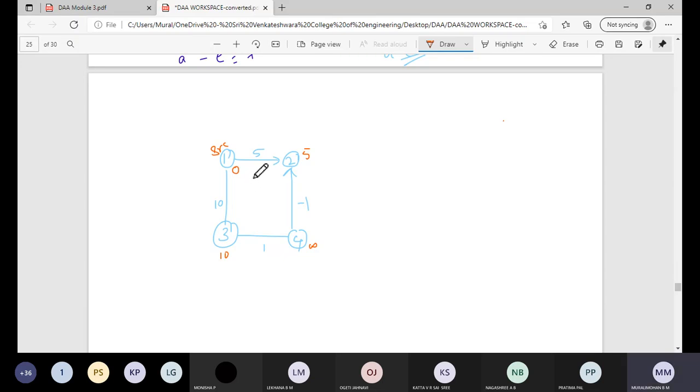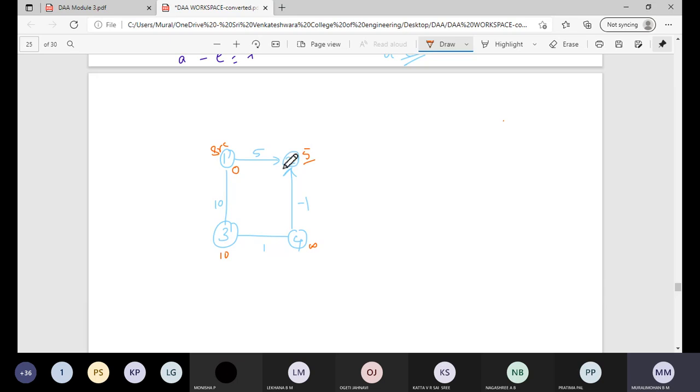The fringe vertices are 2 and 3, right? So which one should I select now? 2, because the weight of 2 is very less.